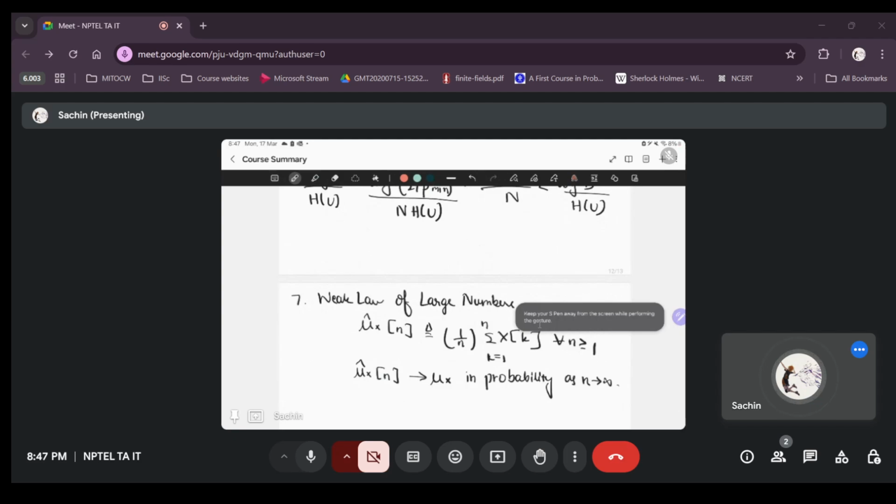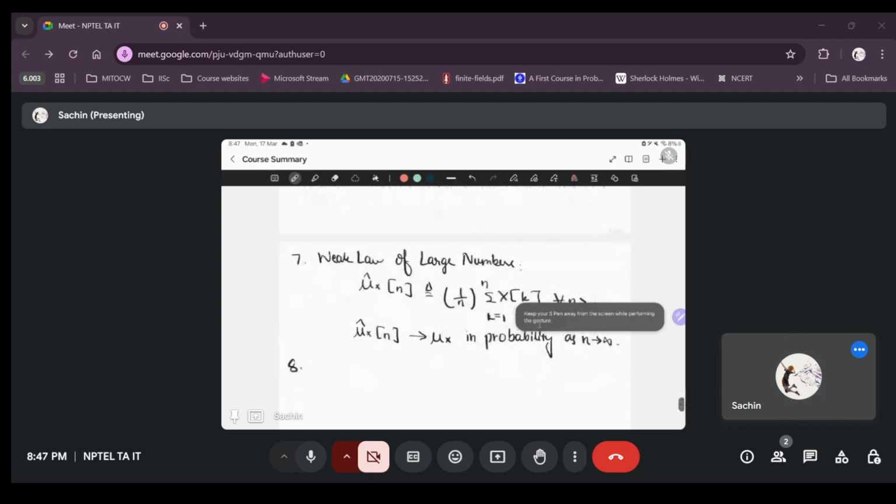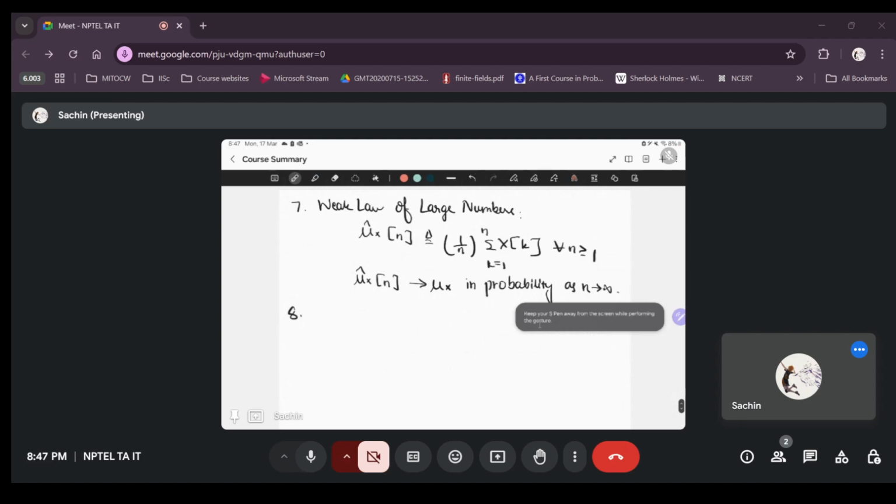From this, you can write the Chebyshev inequality.